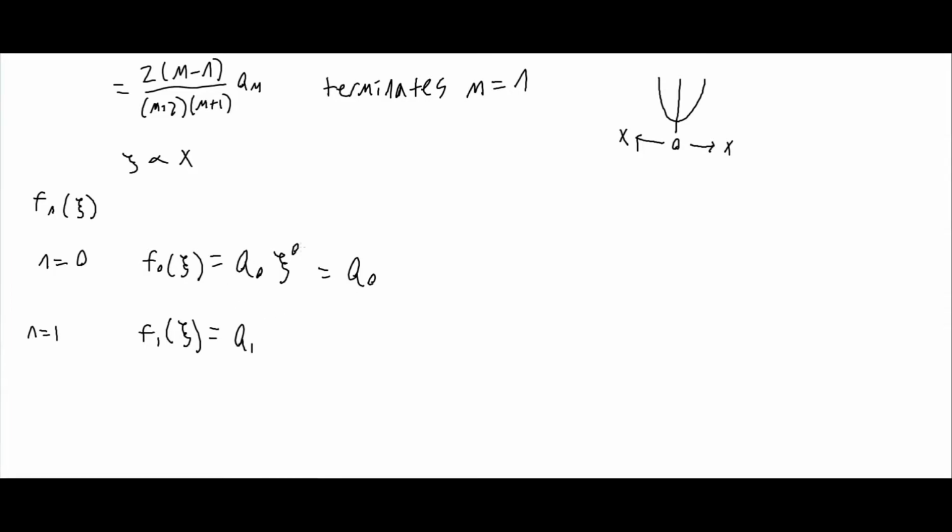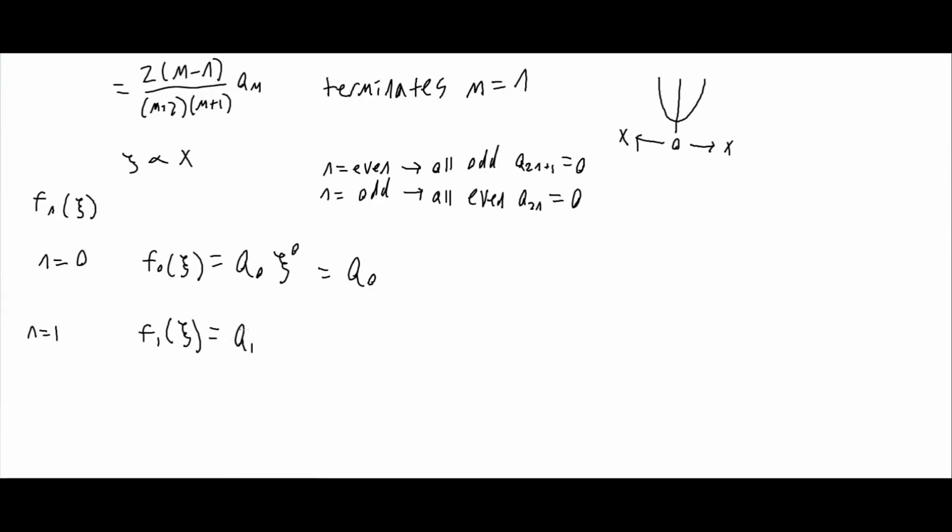And so I guess I should have pointed out too that we're saying that when n is even, all odd a sub n's, or I guess if we wanted to make it clearer, a sub 2n plus 1, will equal 0, and that if n is odd, all even a's, a sub 2n, will be equal to 0.